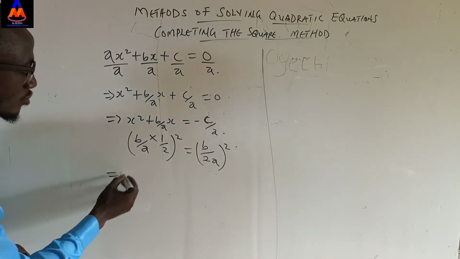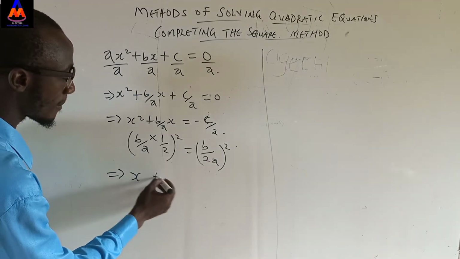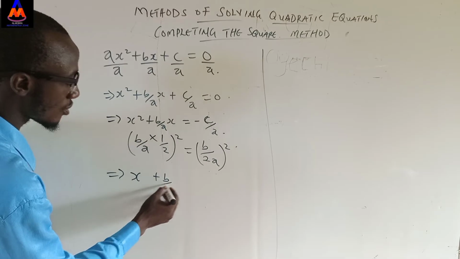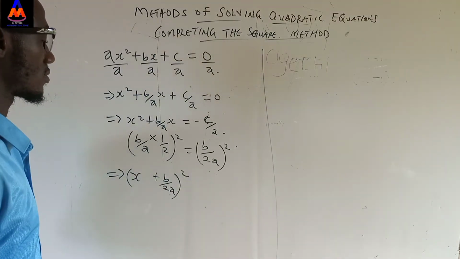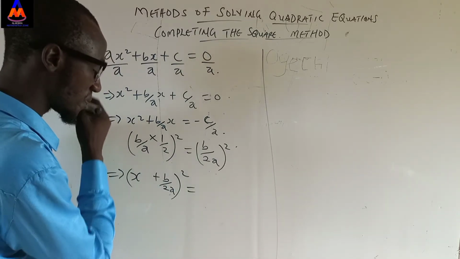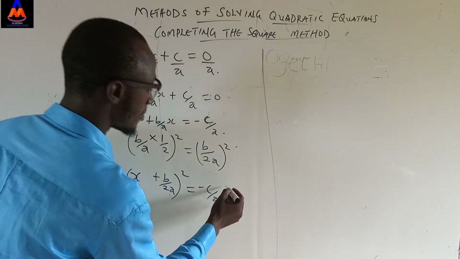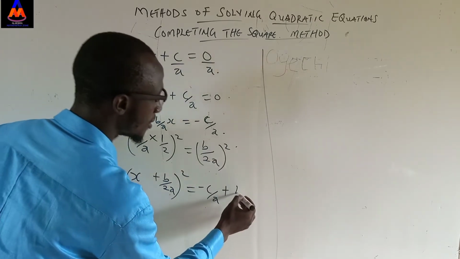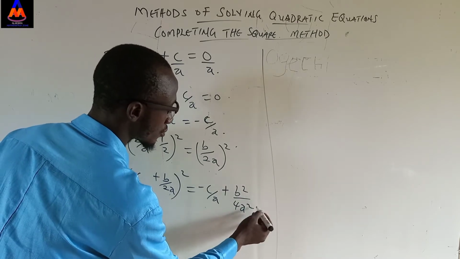What I mean is that this will now mean x plus b over 2a squared, which now equals minus c over a plus b squared all over 4a squared.